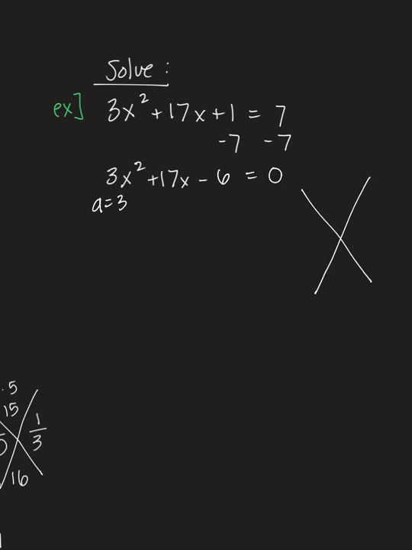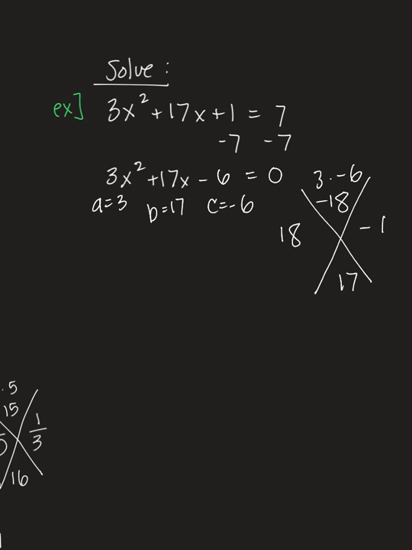We know that a is 3 and c is negative 6, so we multiply 3 times negative 6 to give us negative 18 for the top part of the x. And then we also know that our b is 17, so the bottom number in our x will be 17. Two numbers that would make the top part negative 18 when we multiply, and the bottom part 17 when we add, are 18 and negative 1.